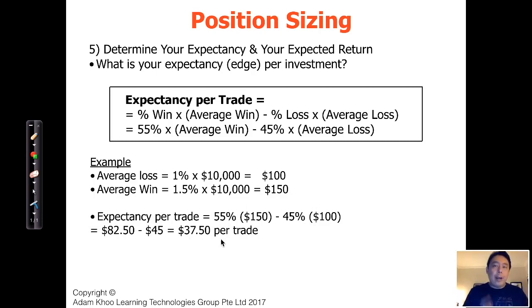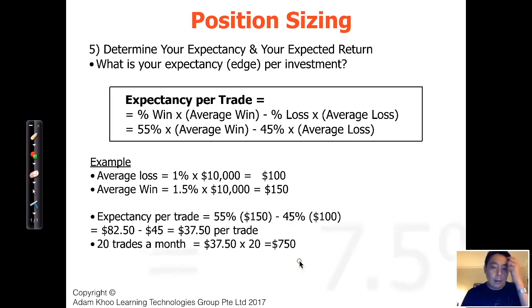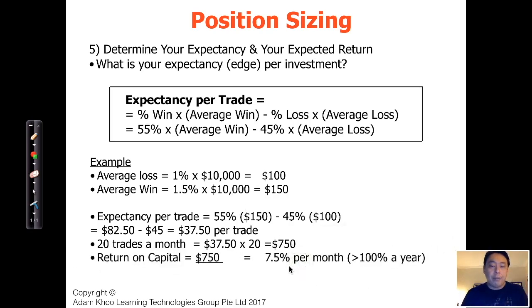So on average, every trade you make will get you $37.50, right? That's the statistical average. This means that if you do 20 trades a month, 20 trades multiplied by $37.50 is $750. And $750 over 10 grand, that is a 7.5% return per month.